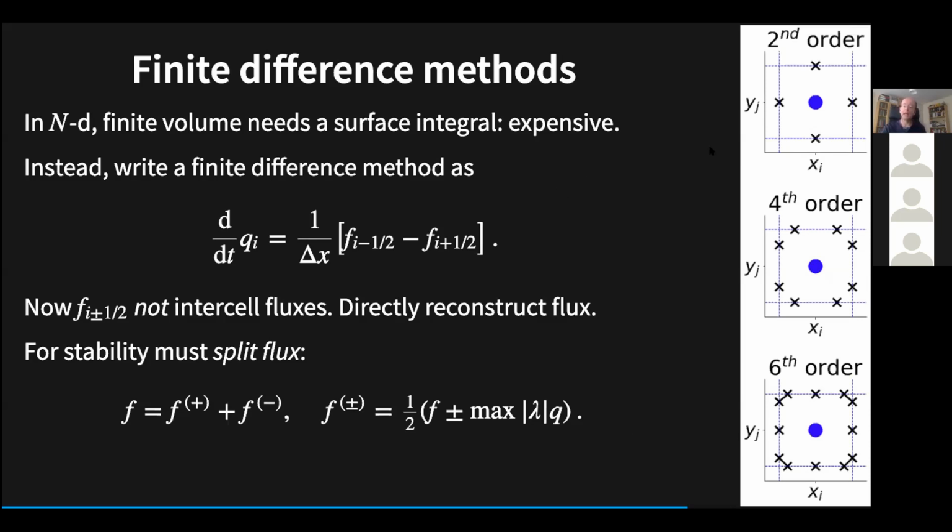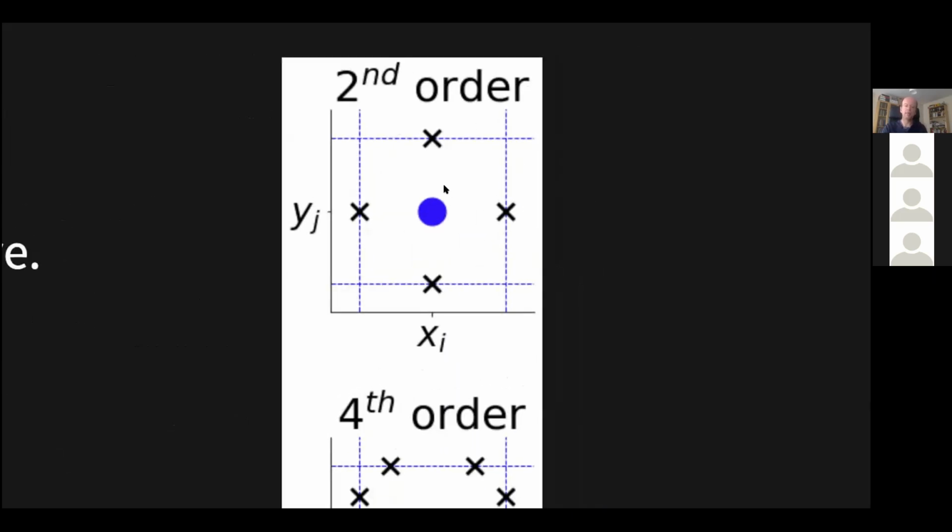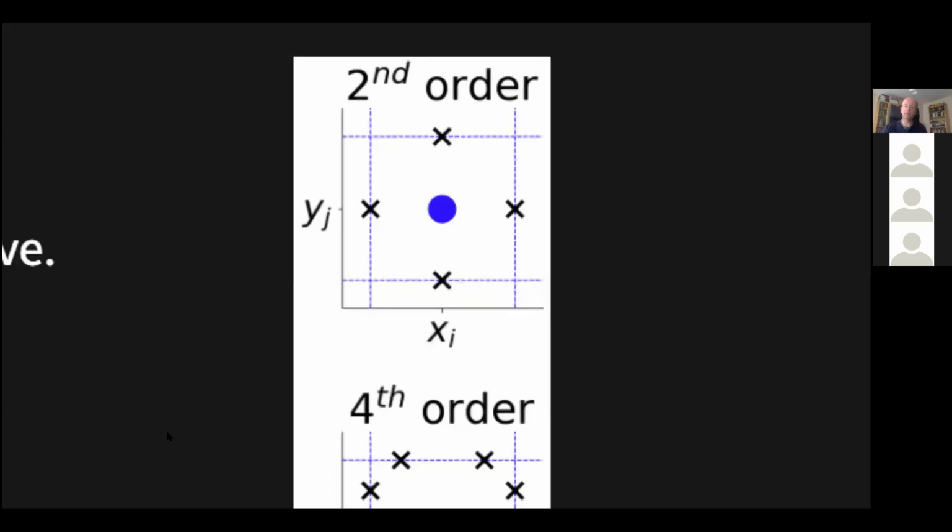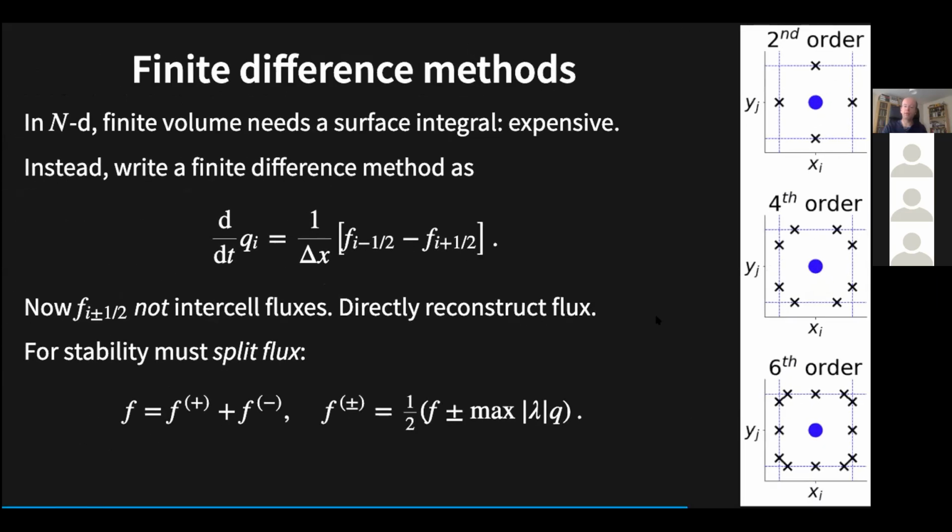So in higher dimensions, the reason that Godunov methods and slope limited methods work is because if you evaluate in the center of the faces, as I'm doing here, then that's equivalent to Gauss quadrature using the midpoint rule. So that's second order accurate.